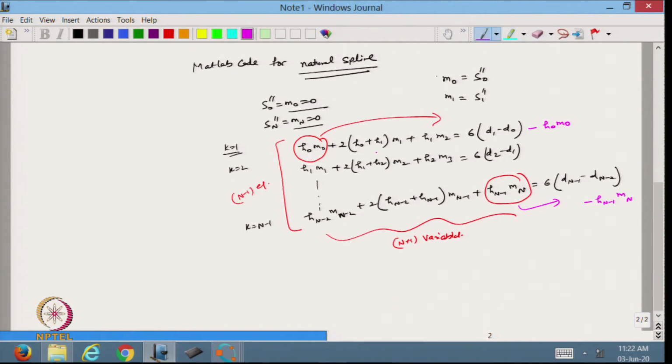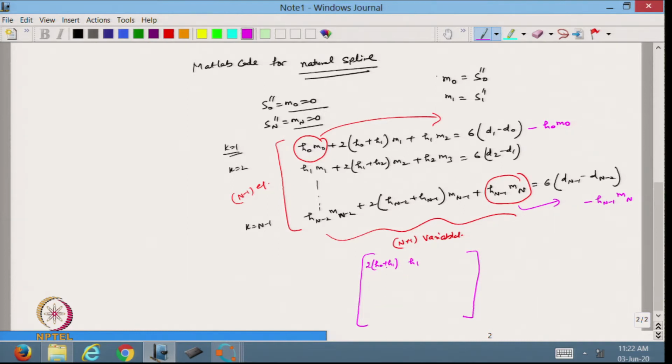Now, from here you can see that it will contain n minus 1 variables and n minus 1 equations. So now it is a square matrix. Based on this, I will put the values of M0 and Mn here and solve this system. If you see, this system becomes a tridiagonal matrix, with the first entry 2 times H0 plus H1 and then H1.